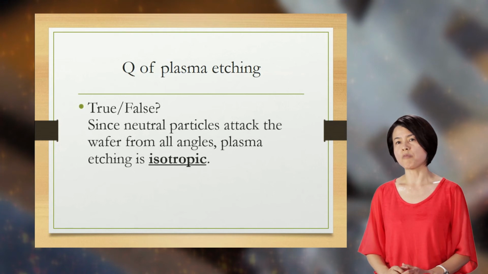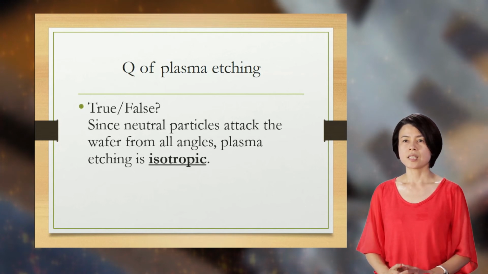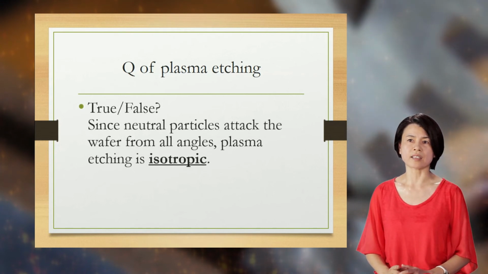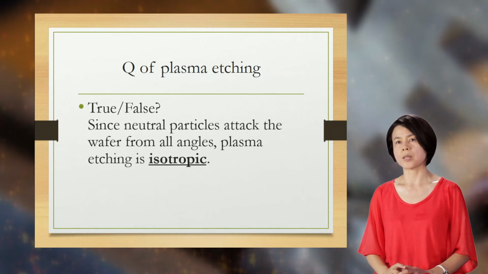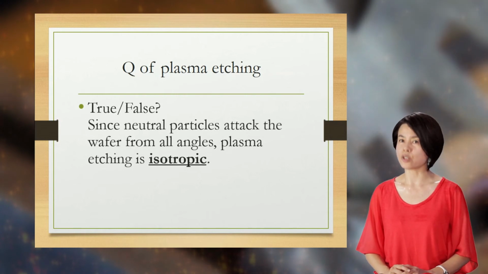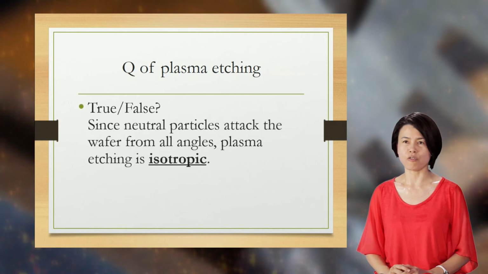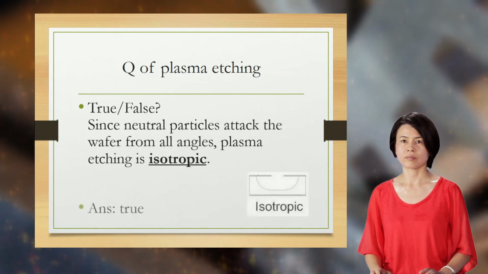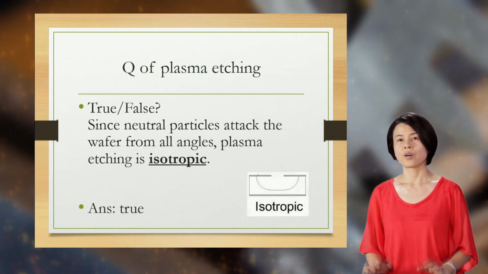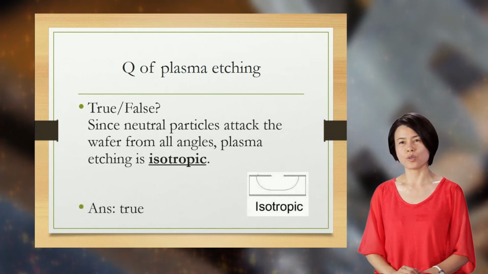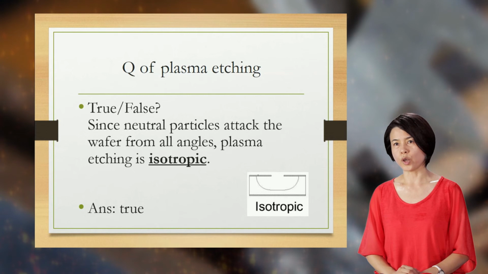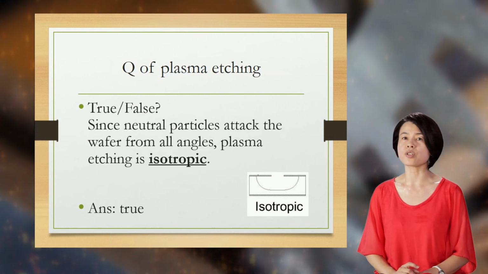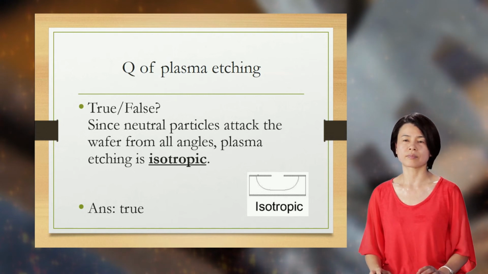Another question of plasma etching. Since neutral particles attack the wafer from all angles, plasma etching is isotropic. True or false? Alright, the answer is true. As you may see in the photo, plasma etching can reach an isotropic profile.